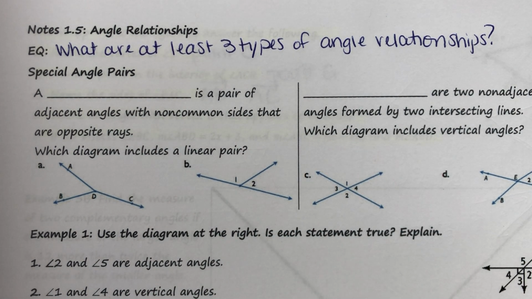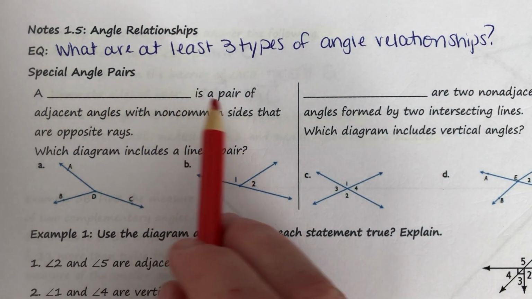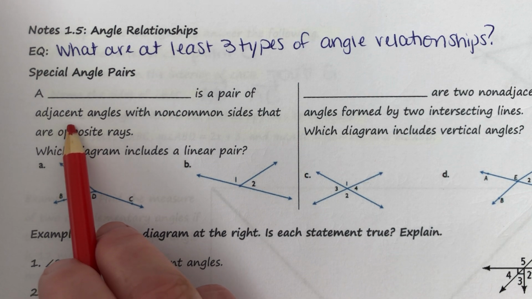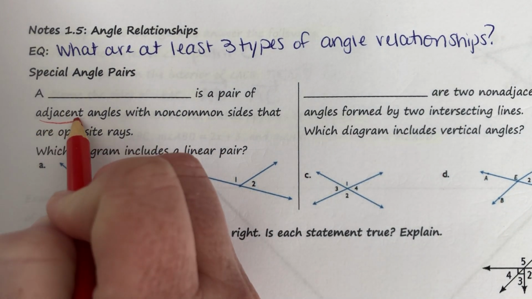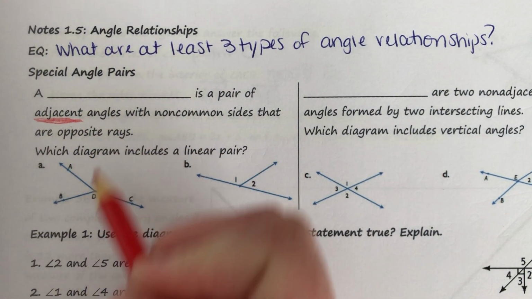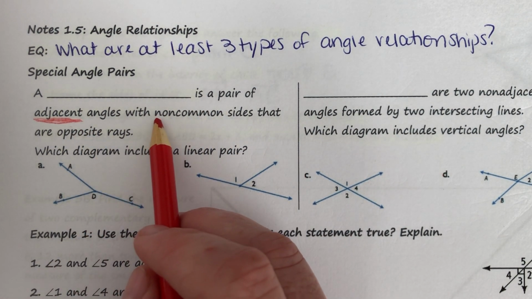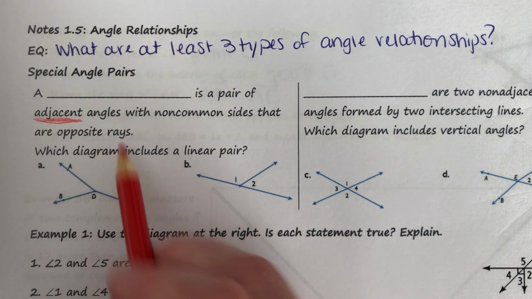Okay, so then we have a couple of vocabulary fill in the blank items here. And again, I'm a visual learner, so I use colored pencils. A blank is a pair of adjacent angles. Adjacent means they're right next to each other, side-by-side neighbors, touching. So a blank is a pair of adjacent angles with non-common sides that are opposite rays.